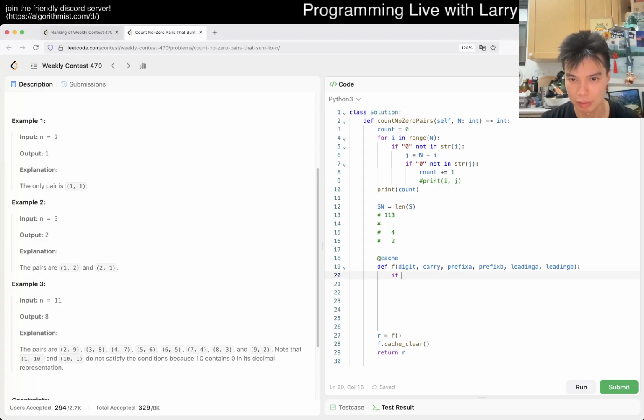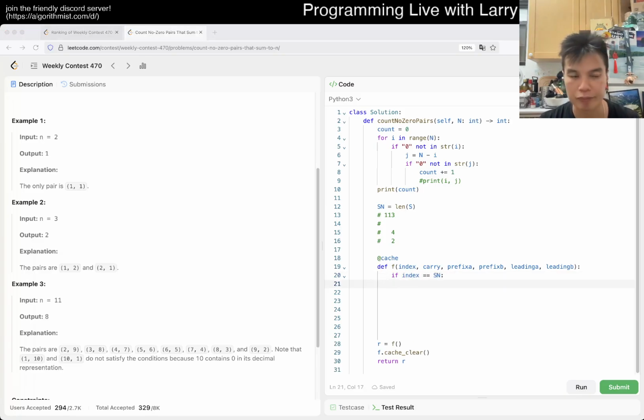Okay, so it's called index. I always call it index, but yeah, okay. Oh, SN. If carry 0 and if leading A, what is leading?